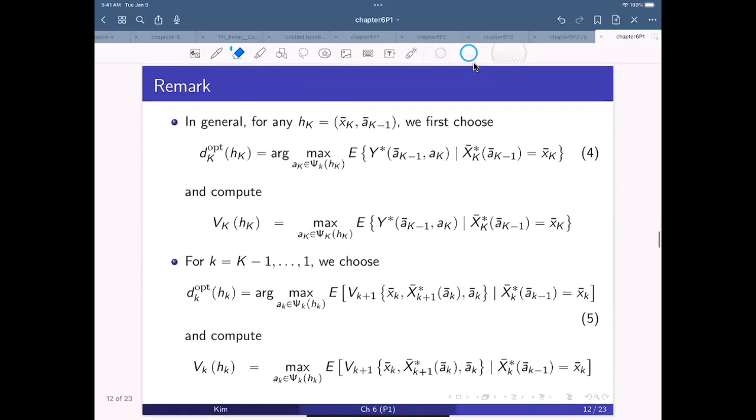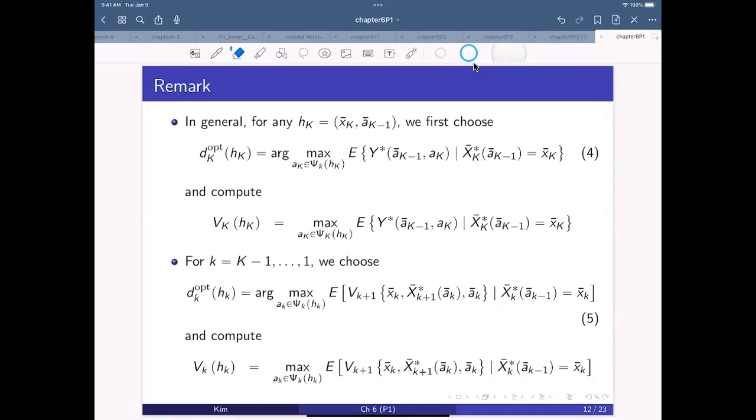So here's a sequential formula for how we actually do this optimization for many steps. You start from the very end, capital K, where you observe Y, and then carry backward.